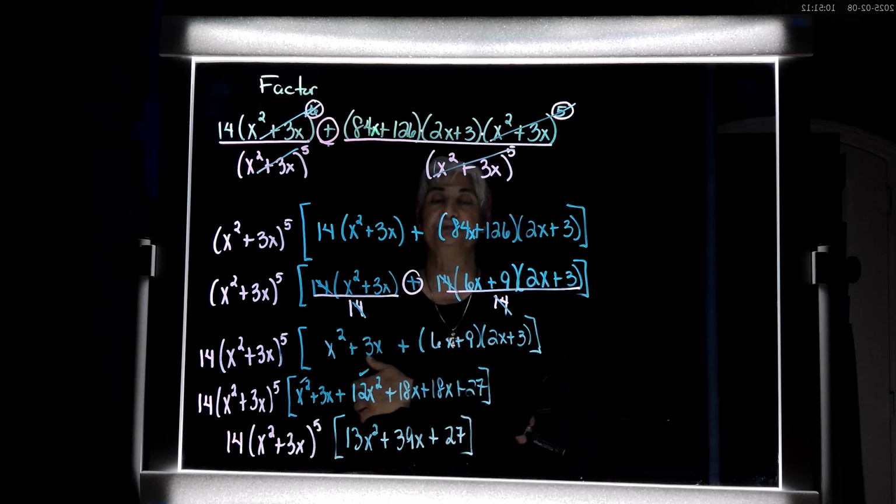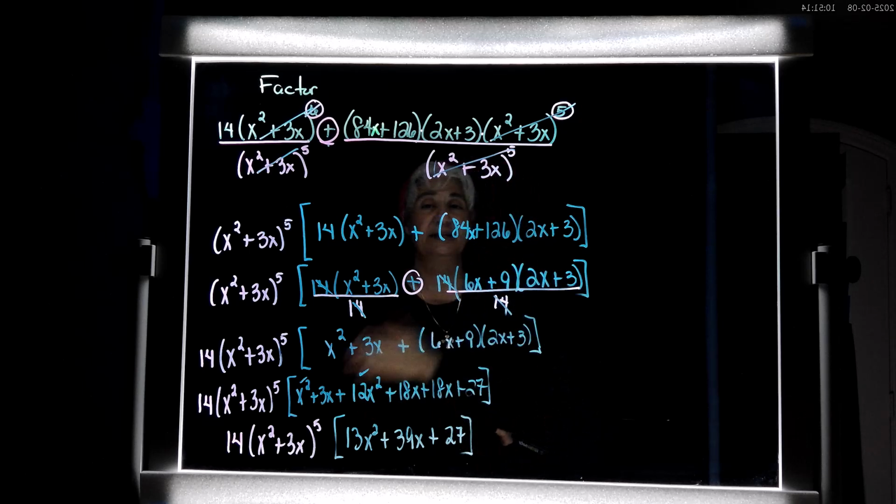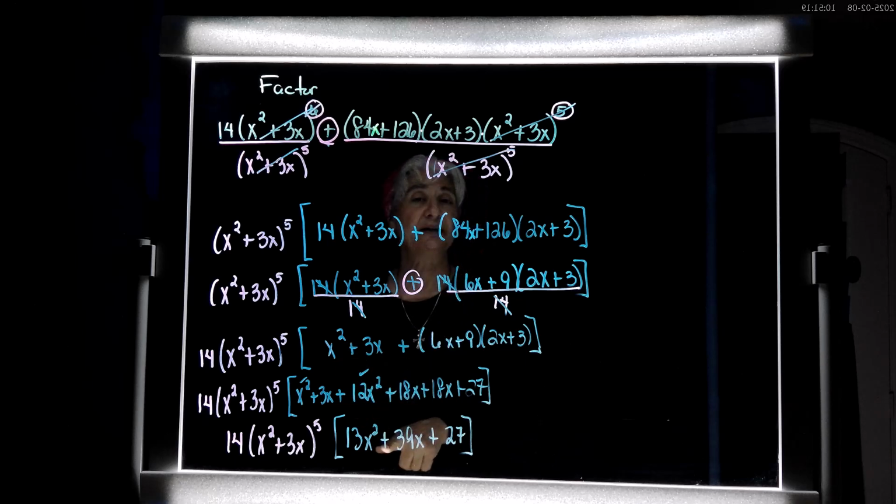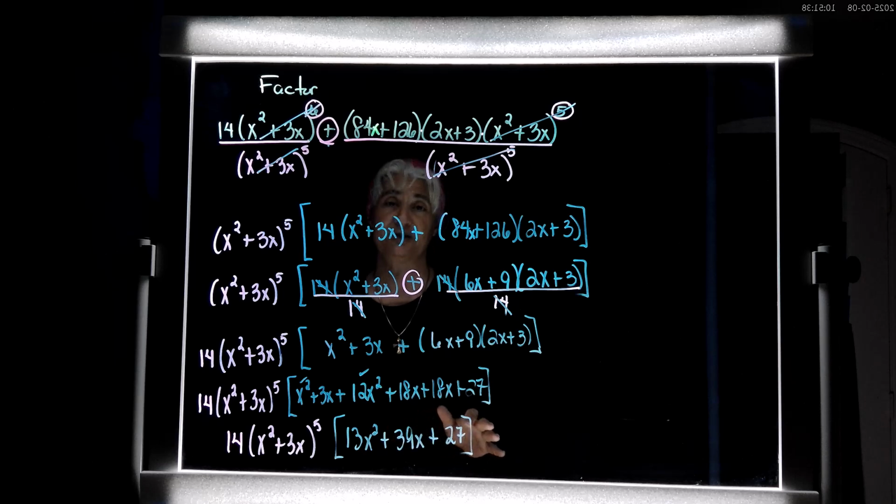Okay. So, question is, are we done? And if you're like, I'm not sure, look at the brackets. I have a second degree polynomial. We have to see if we can factor it. There's nothing in common. Like 13 goes into 39 evenly, but it doesn't go into 27 evenly, so there's nothing I can do there.